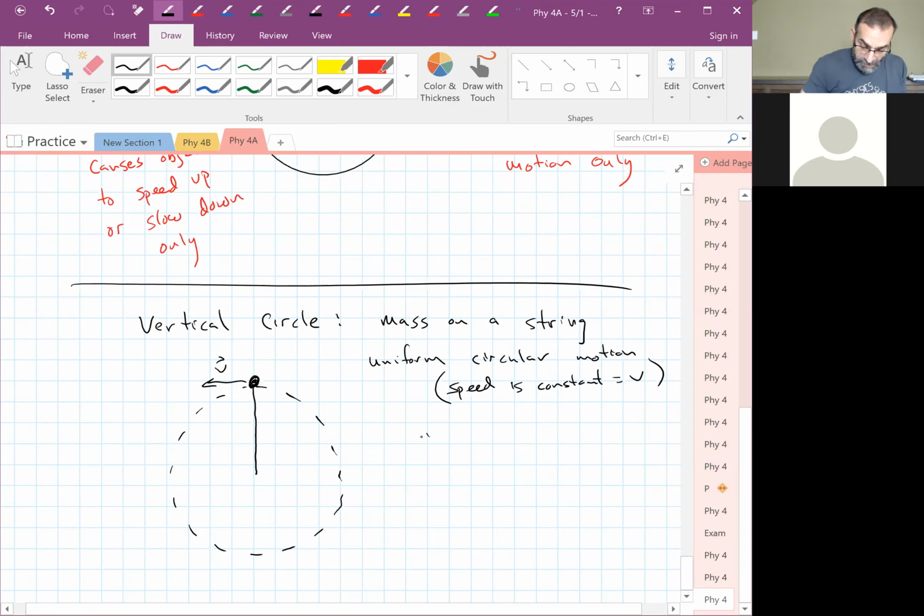Okay, so if we're given the mass, m, the speed, v, and the radius, then we want to find the tension in the string at the top and the bottom.